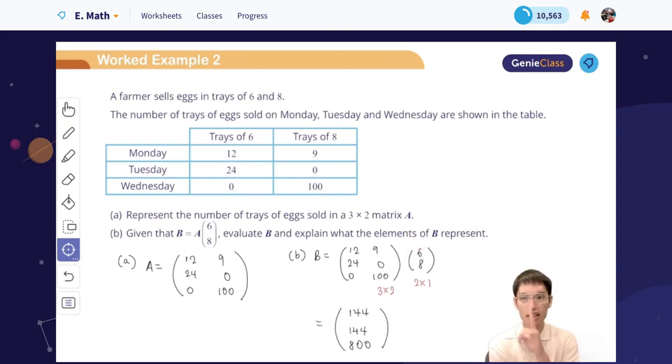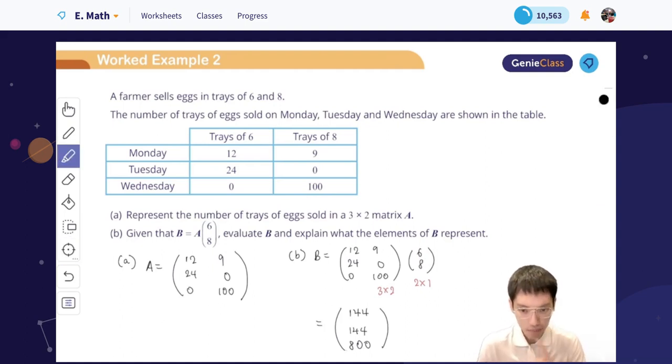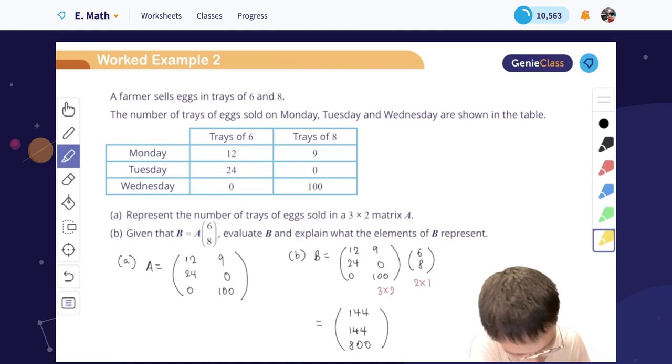It will be like 6 and 8 is the number of eggs per tray. If I matrix multiply, it's not just the total number of trays. But you are getting it because this is correct: total number of eggs sold. And to add on to Denise, you actually have to say these 3 words. That's right, on Monday, Tuesday, and Wednesday respectively.